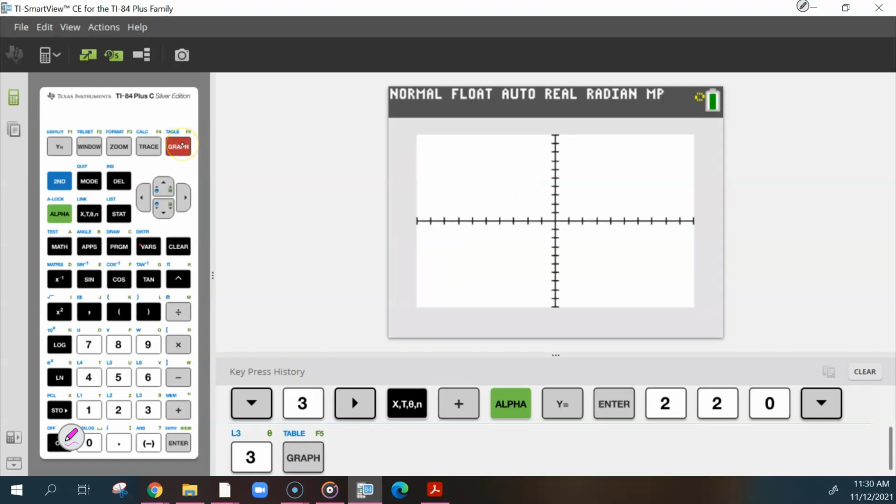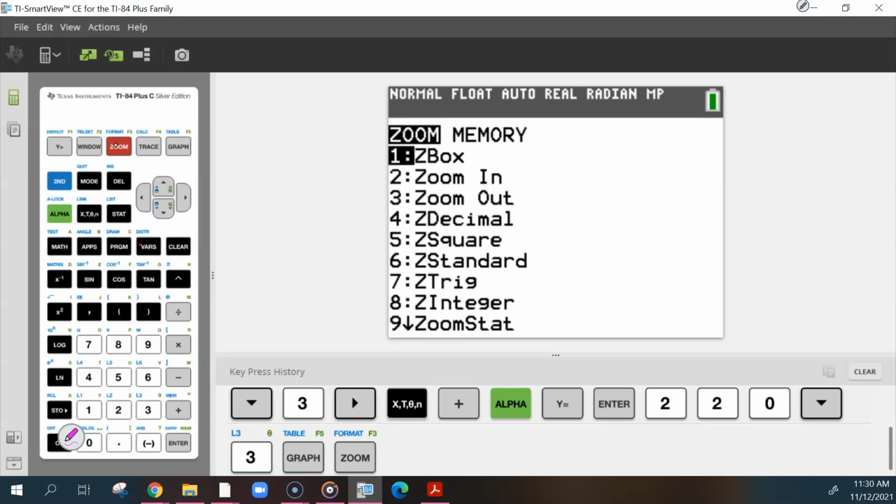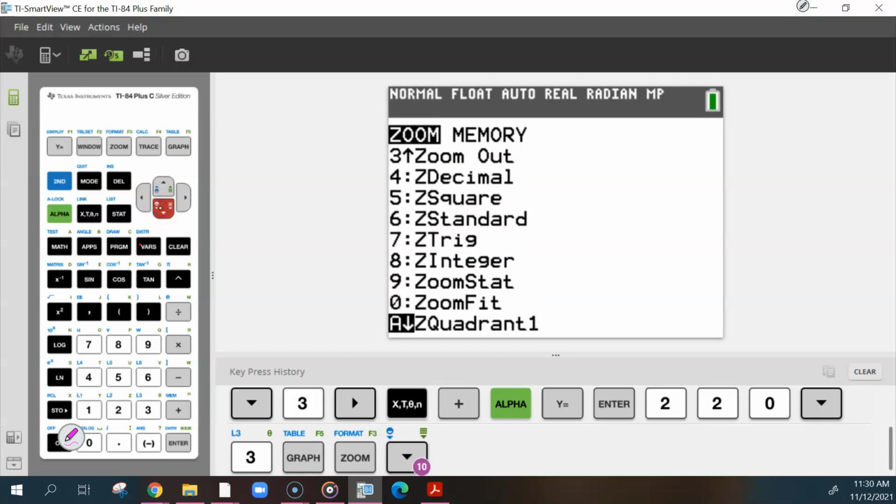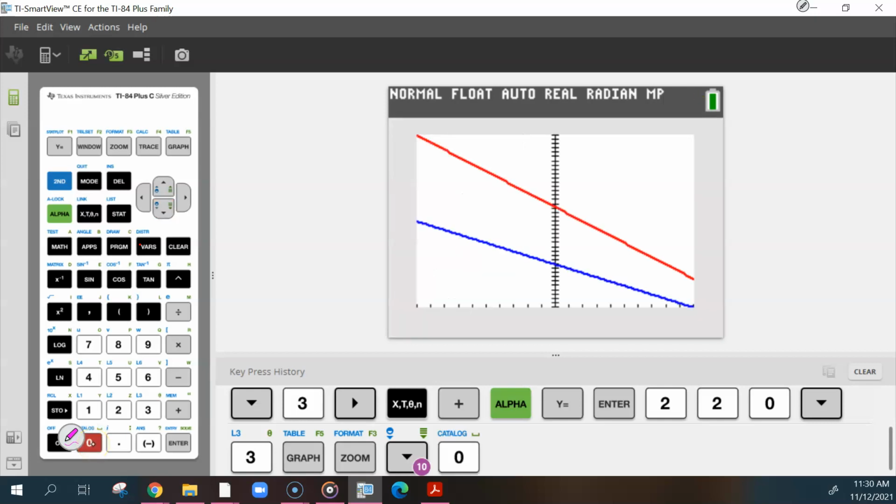And then graph. Now, when you hit graph, your lines may not show up because one of them is like 220 divided by 3, whatever that number is, and it's not going to be in this 10 by 10 window. So if you go into Zoom, and then look for Zoom Fit, you'll see the lines, but not necessarily where they intersect.